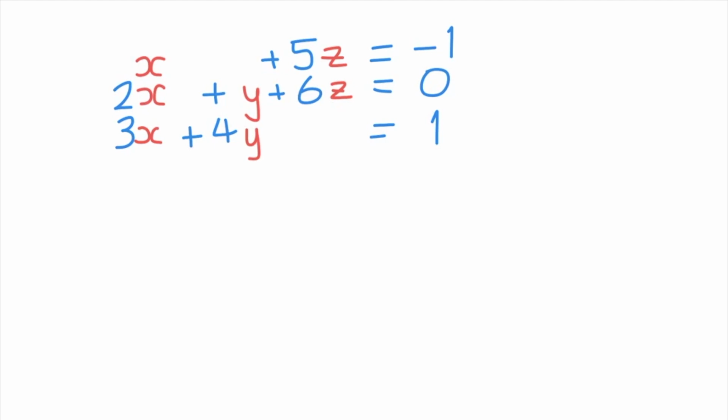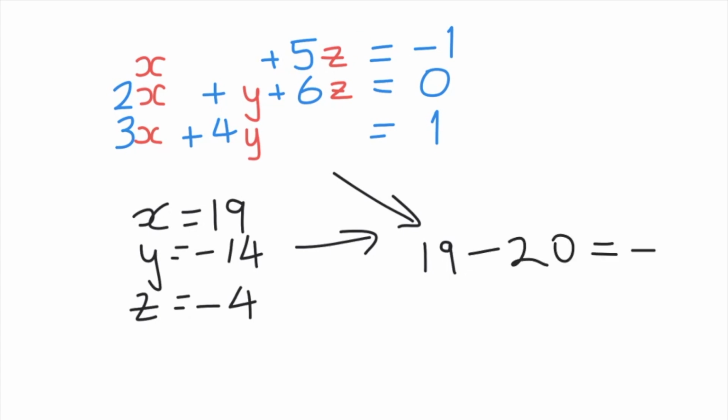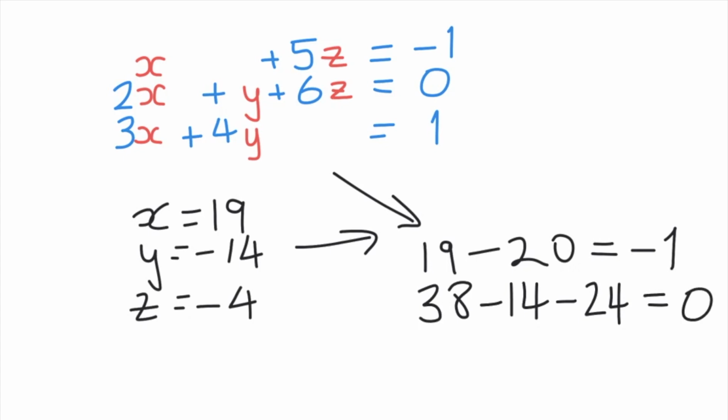And okay, if you don't believe me, let's do it here very quickly. We had that x equals 19, y was minus 14, z was minus 4. So the top line we have x, that's 19, plus 5z is now minus 20, which does indeed equal minus 1. 2x plus y plus 6z, so that's now 2x, that's 38, plus y, so that's minus 14, plus 6z, 6 4s are 24, that does indeed equal 0.